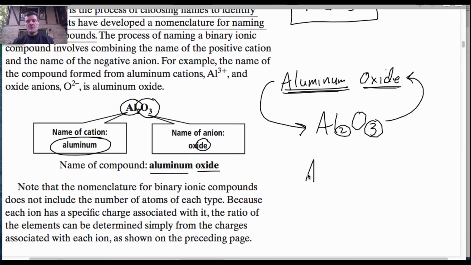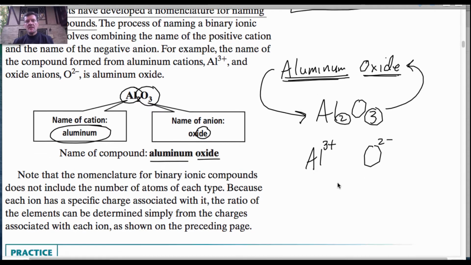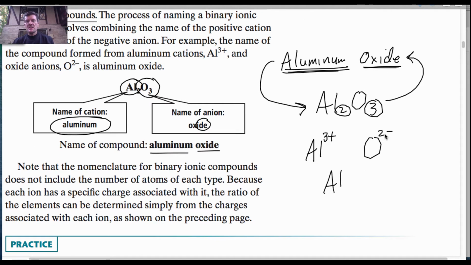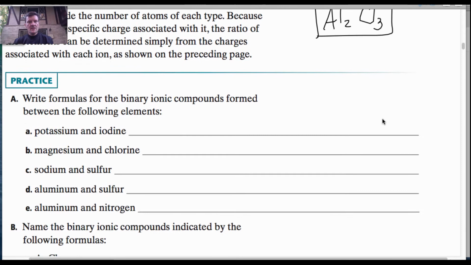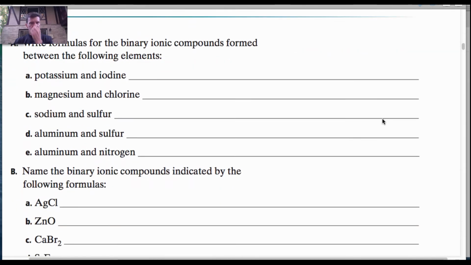Aluminum, I know it forms a 3+ ion. Oxide, I know that's a 2- ion. And so, how many of each? I know there has to be 2 aluminum and 3 oxygen. I know that's the formula of aluminum oxide. Always, because the charge on aluminum is always +3. The charge on oxygen is always -2. Done. Okay? So let's just practice a few here.